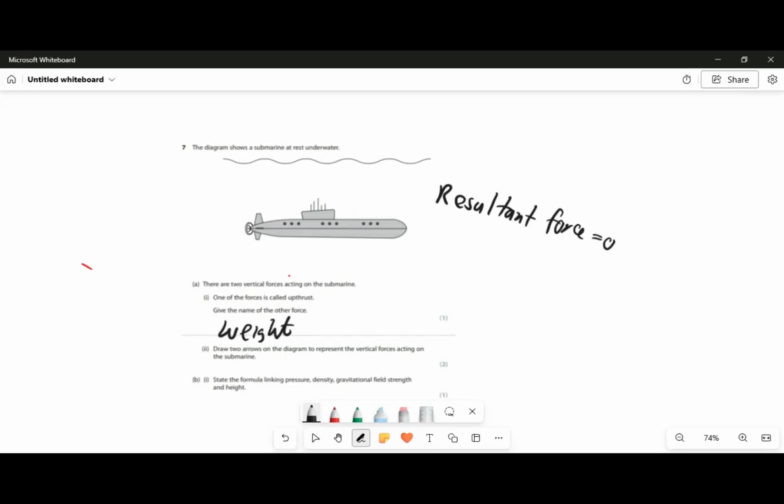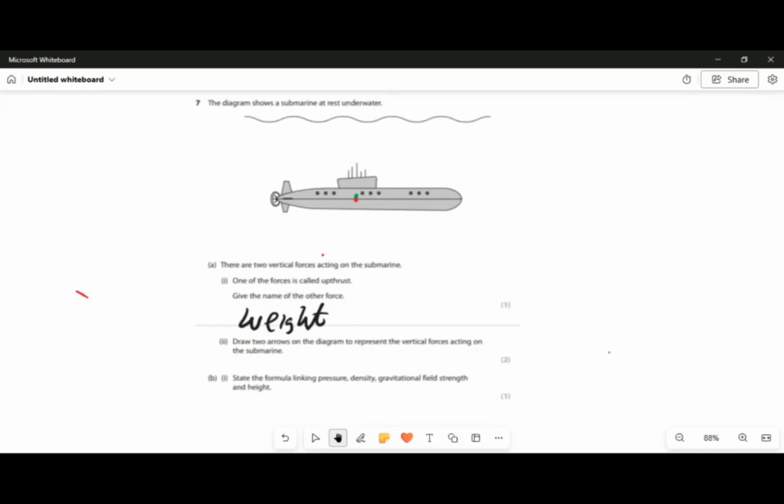We'll move to the next part of the question. Draw two arrows on the diagram to represent the vertical forces acting on the submarine. One vertical force is the weight. You know that weight acts vertically downward and that acts from the center of gravity of this submarine.